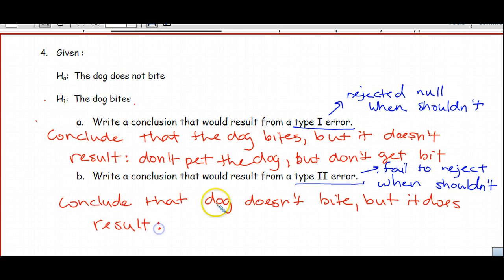Well, I concluded that the dog doesn't bite, so I did pet the dog. I was wrong. The dog does bite, and so I got bit. In this case, a type 2 error was a worse result. It's better to be cautious and not get bit, but I didn't get to pet the dog, whereas with this one, I concluded I was wrong, and I got bit over it.